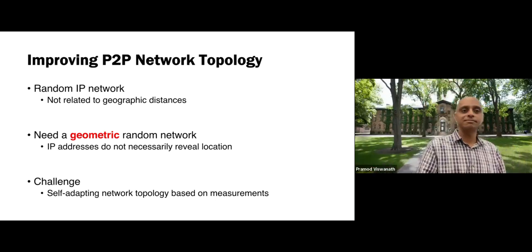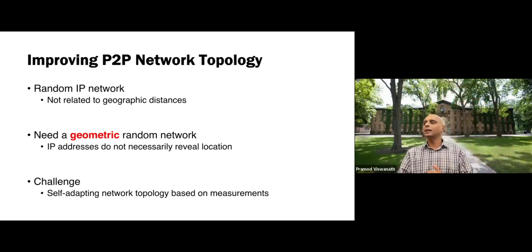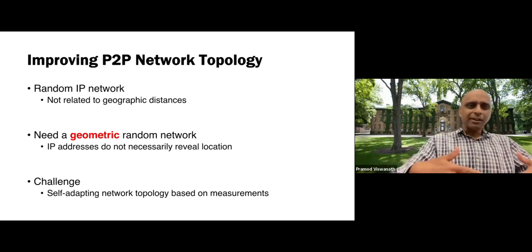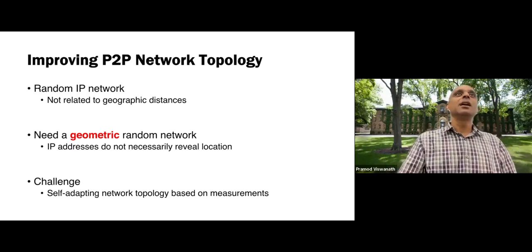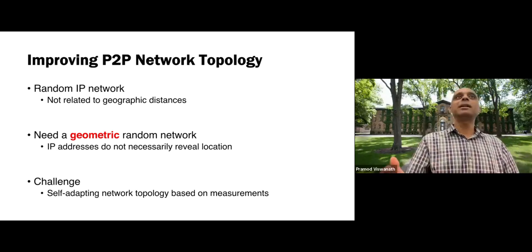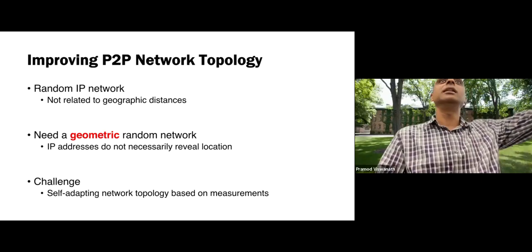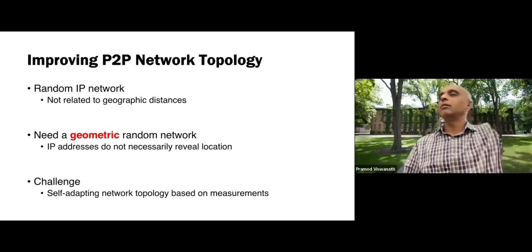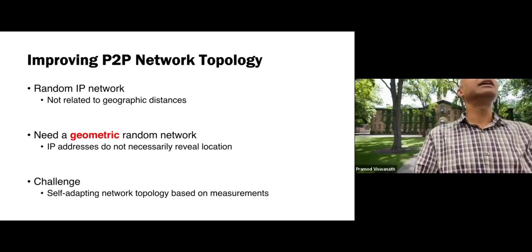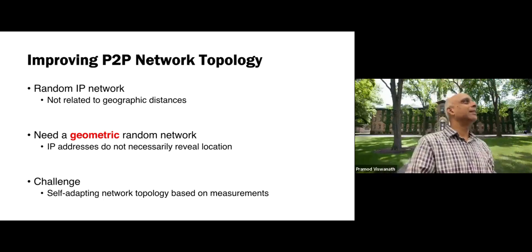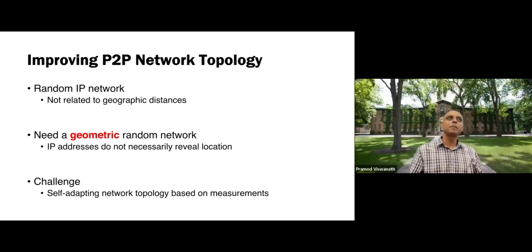The first thing is we did this random peer-to-peer graph, but if you really want to speed it up, you want to do random, but relative to the geography of the links. Right now, randomness is on IP addresses, and for all I know, I could be connecting to Australia. And that's, from a network perspective, a long link away. So really what you need is a geometric random graph.